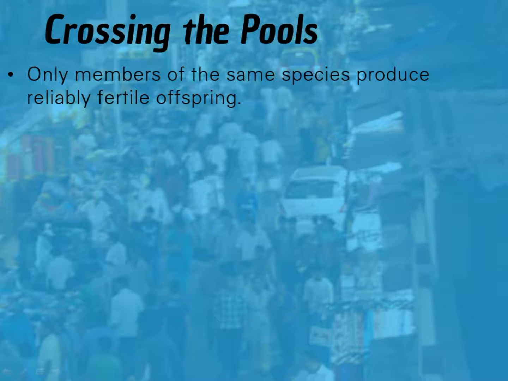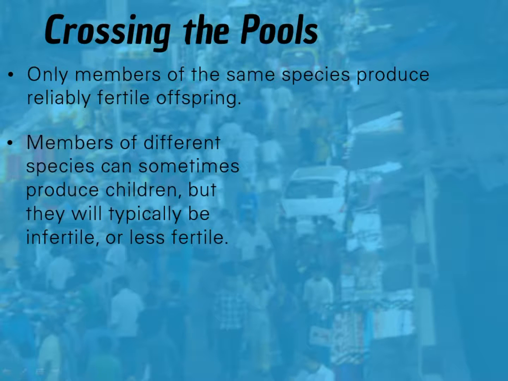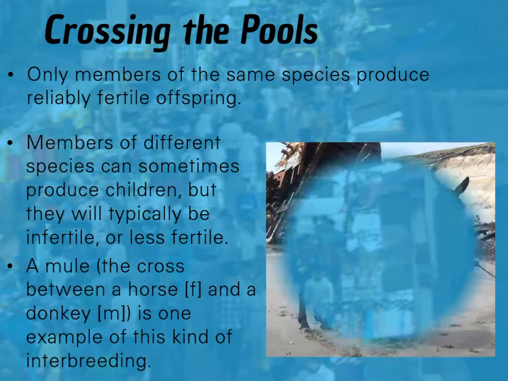So we mentioned producing fertile offspring on the last slide, and that is because only members of the same species breeding can produce reliably fertile offspring. Fertile means that the offspring are able to have children of their own. So it is possible for members of different species to produce children, but typically those children will be infertile or certainly less fertile.